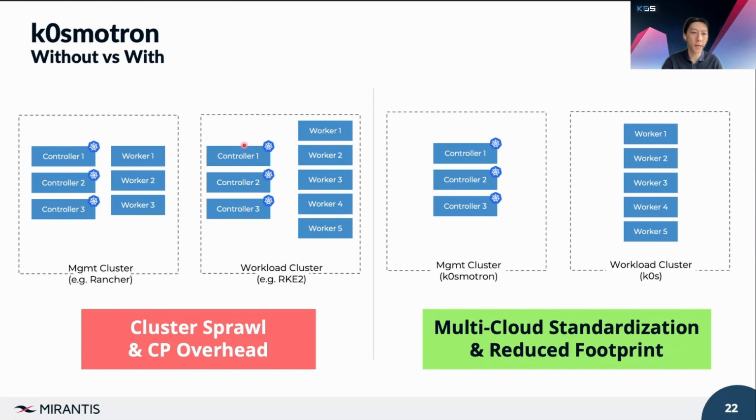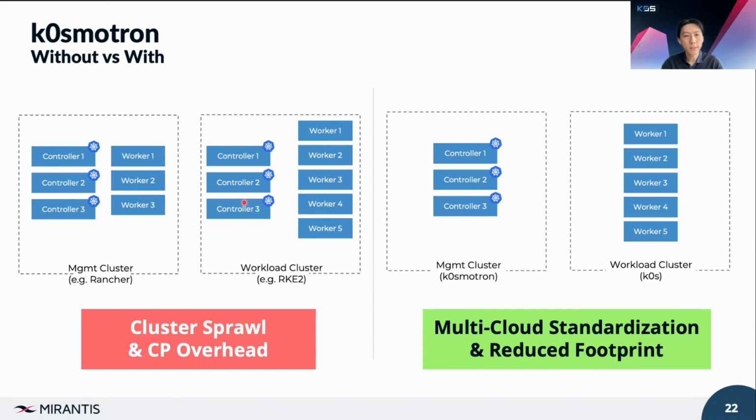And then for each regional cluster, you have, again, the 3 and the workers. And then another regional cluster, you've got the 3 and workers. So you have a lot of cluster sprawl, right, because multiple clusters are managed differently with the different controllers. And at the same time, you have your control plane overhead because each cluster you spin up, you're taking up 3 workloads by your controllers. Do another one, you're taking up 3 workloads.